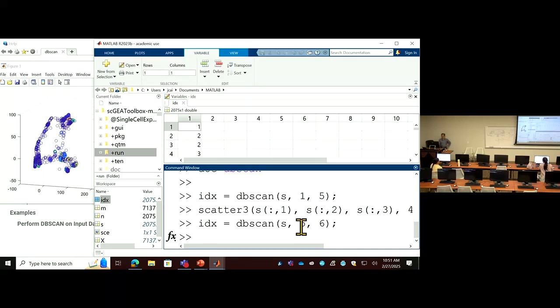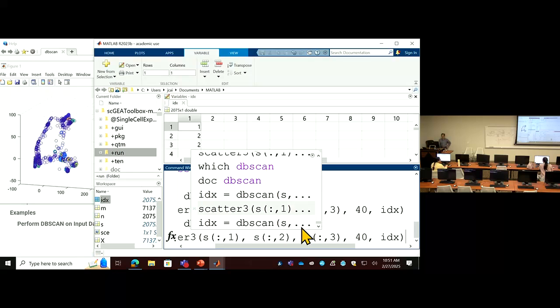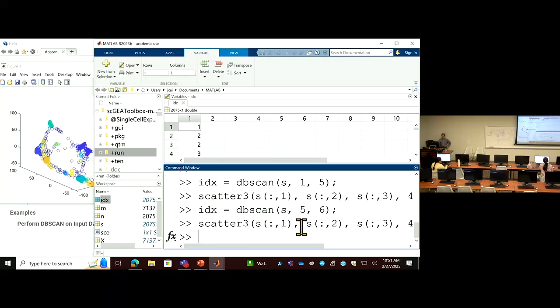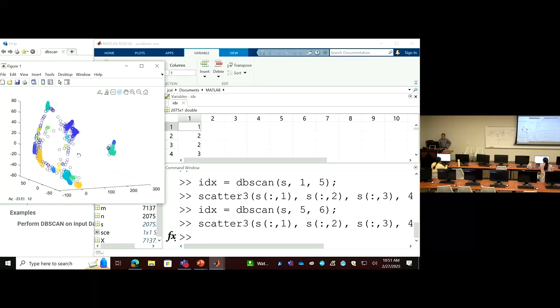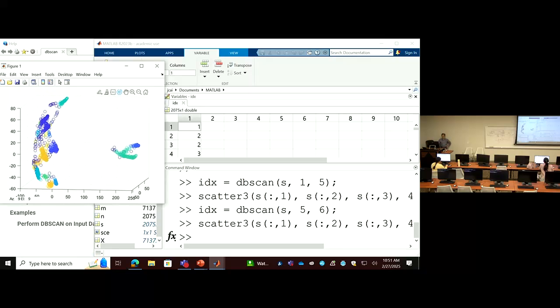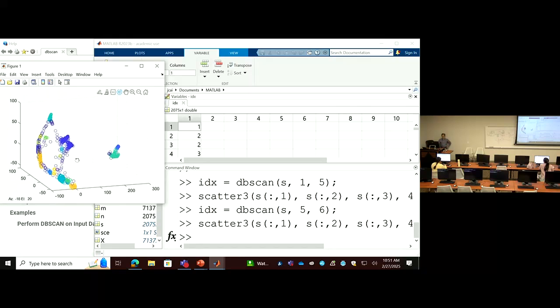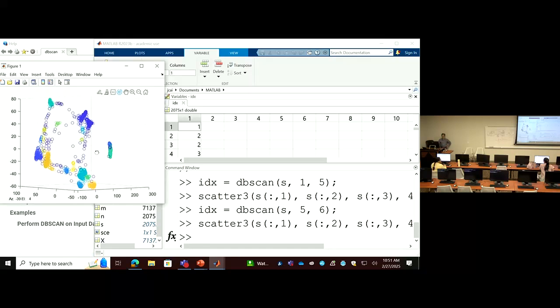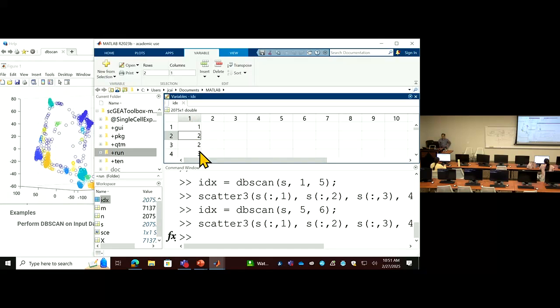Okay, let's see what we get. Okay, looks more reasonable. If you look at your index, you have 1, 2, 3, and we have a few -1.